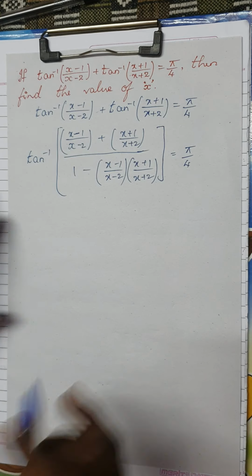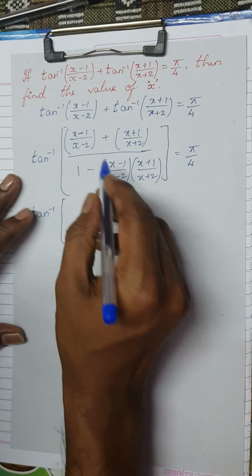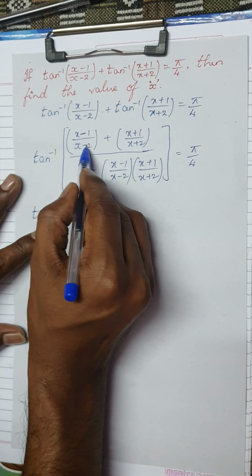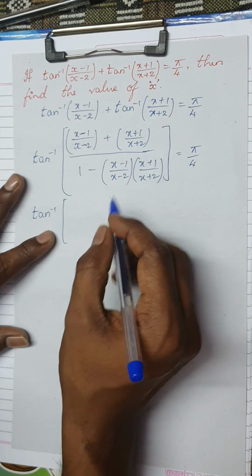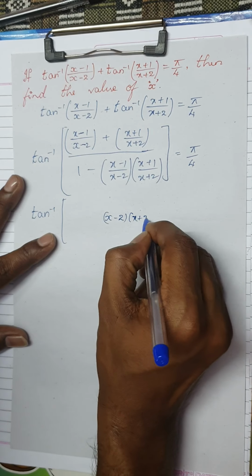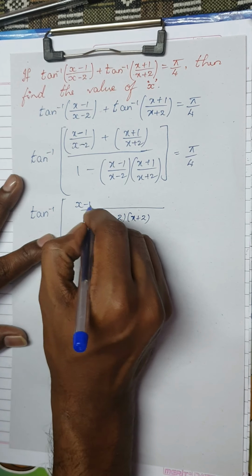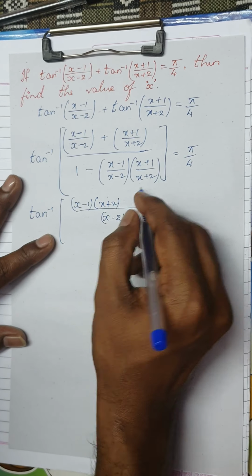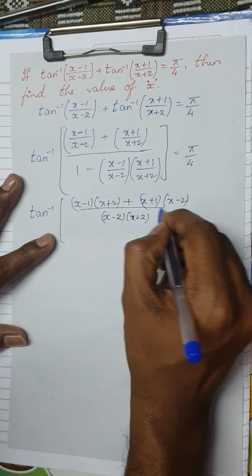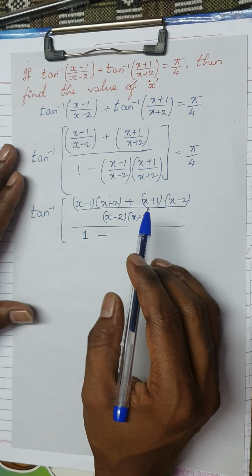Okay, so if you take the LCM, you get tan inverse of, the LCM for the numerator will be (x minus 2) into (x plus 2). I'll get (x minus 1) into (x plus 2) plus (x plus 1) into cross multiply (x minus 2), whole divided by 1 minus, okay.